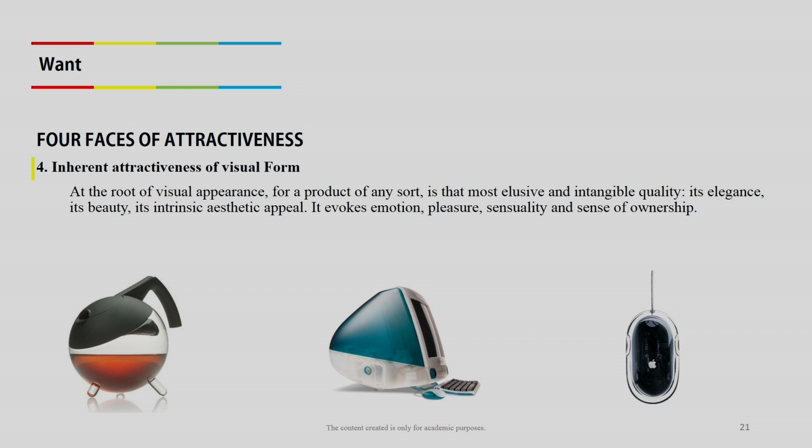It evokes emotion, pleasure, sensuality and sense of ownership. In this particular case, you can see in these products the transparency, the quality and the texture of the product and the form of the product is attracting customers.